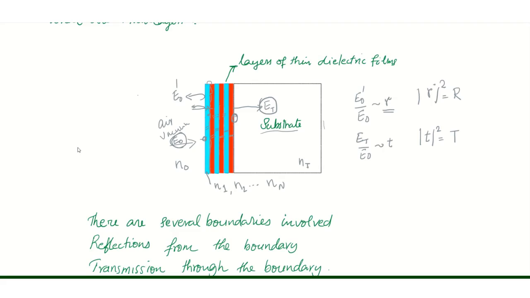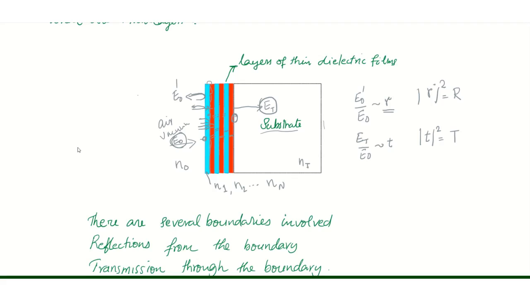The reflection will be from each interface. There will be some reflections, and these reflections will interfere because there is a definite phase relationship between them, and all these reflections may interfere either constructively or destructively.